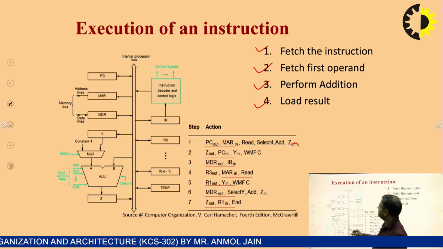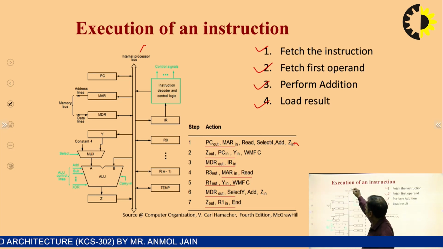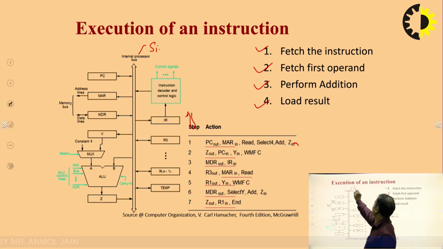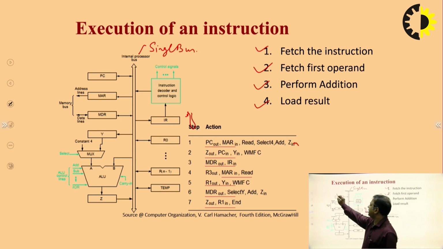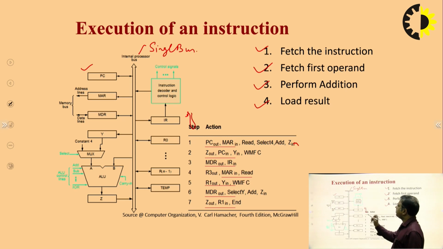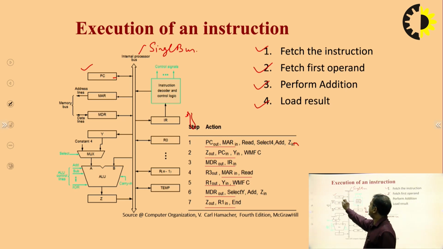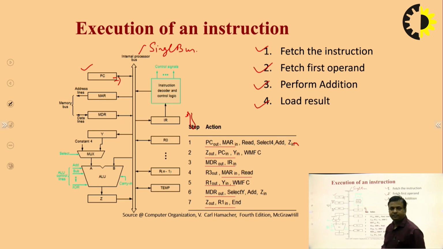The story begins here, where we have a single bus system with different types of registers. One is the program counter. The program counter transfers its contents to the memory address register through this bus.